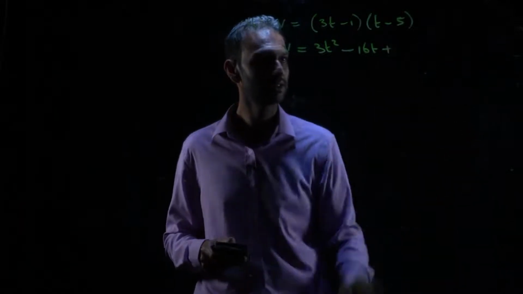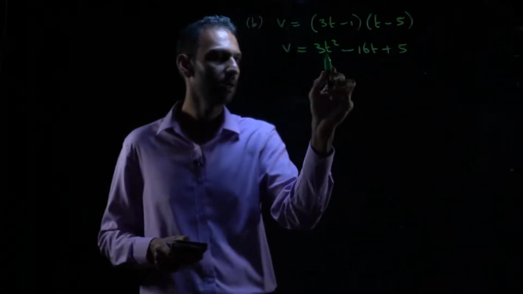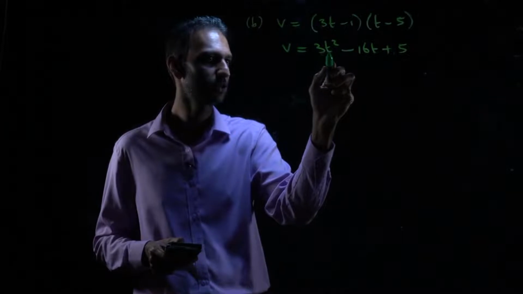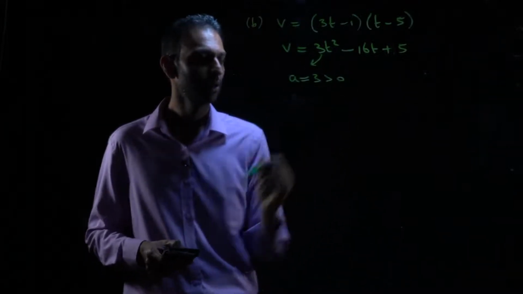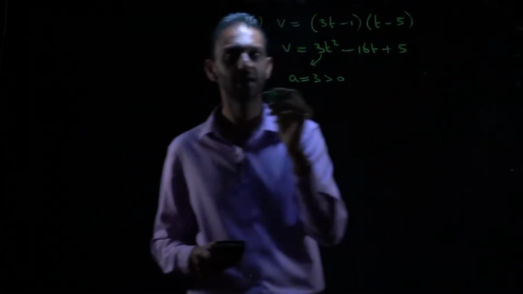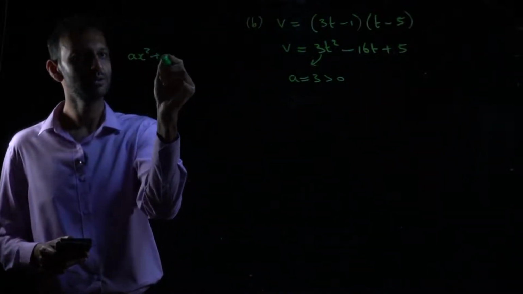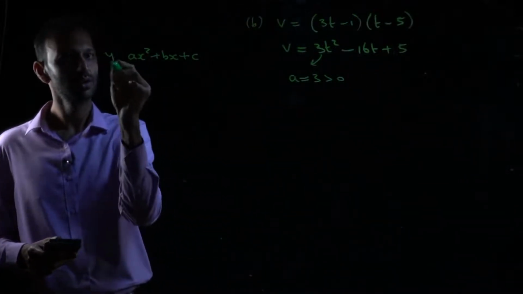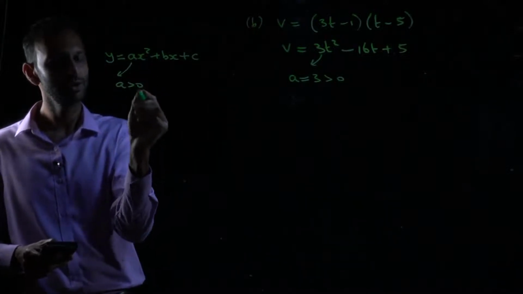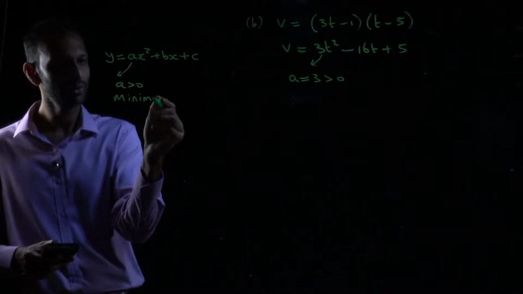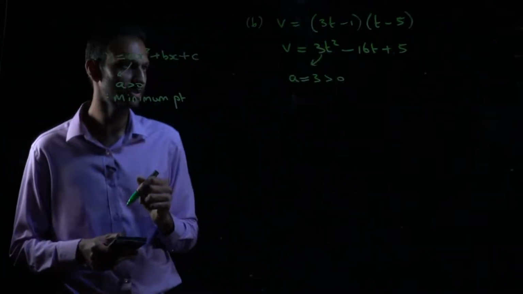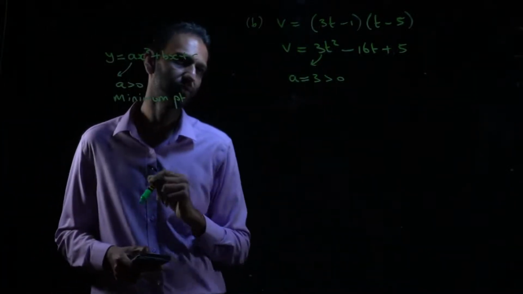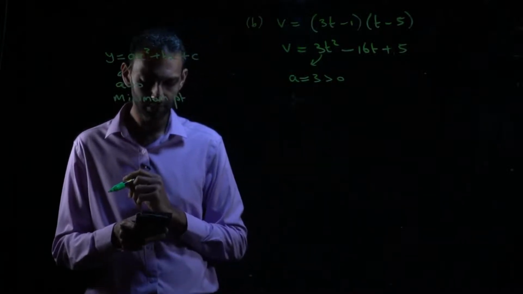Now, the coefficient of t squared, 3, is positive. Remember, when you have a quadratic ax squared plus bx plus c, when a is positive, you have a minimum point. So the sketch of v needs to have a minimum point.